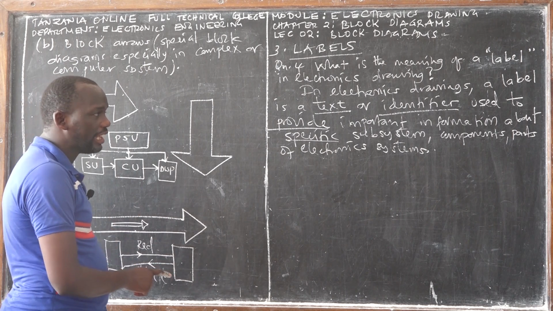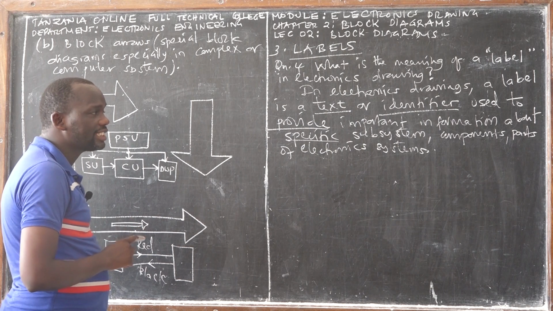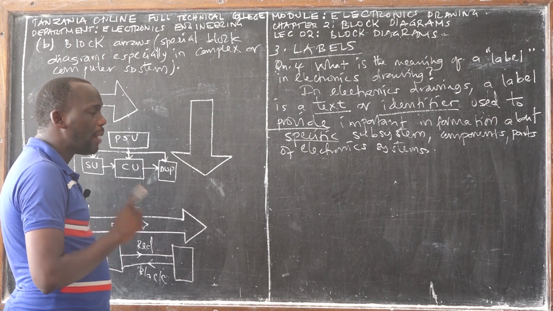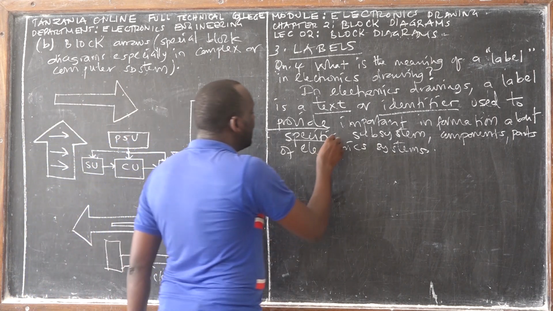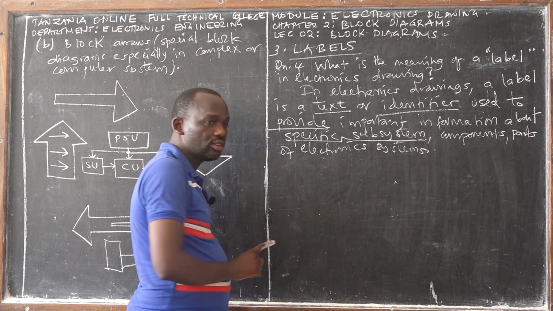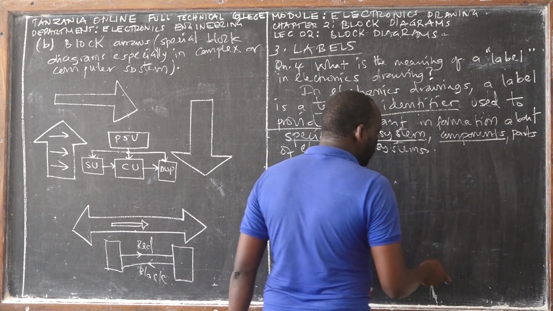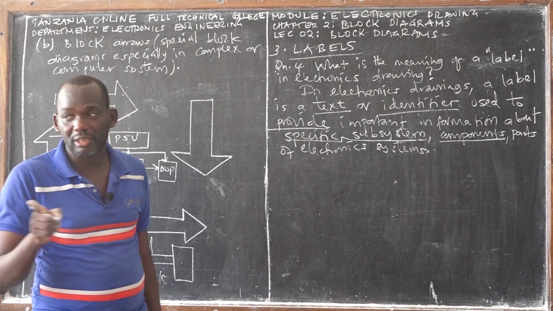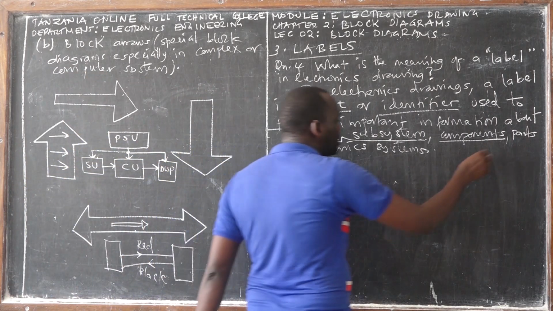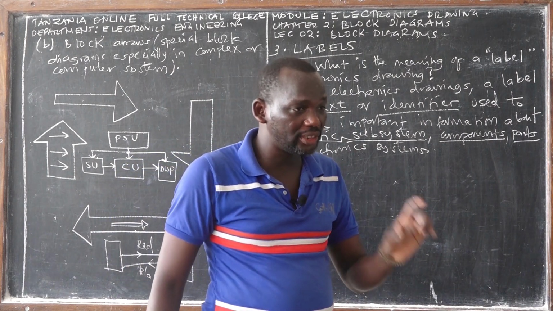When you talk about a label of a block, this is the text or identifier used to provide important information about a specific subsystem. Remember that a specific subsystem will be represented by using a block, or about specific components of the system. When you talk about specific components, we don't mean specific electronic components, but specific parts of the electronic system. So a label provides important information.